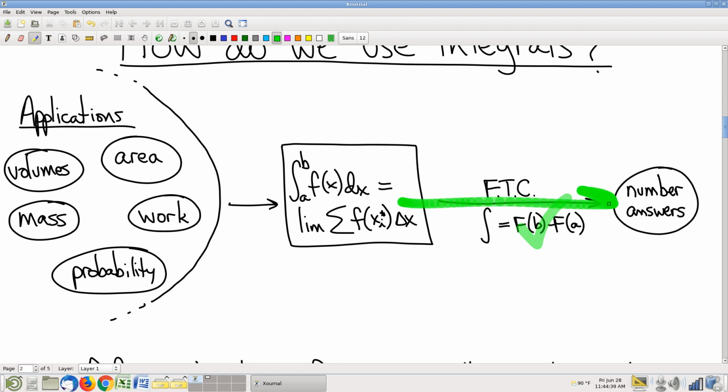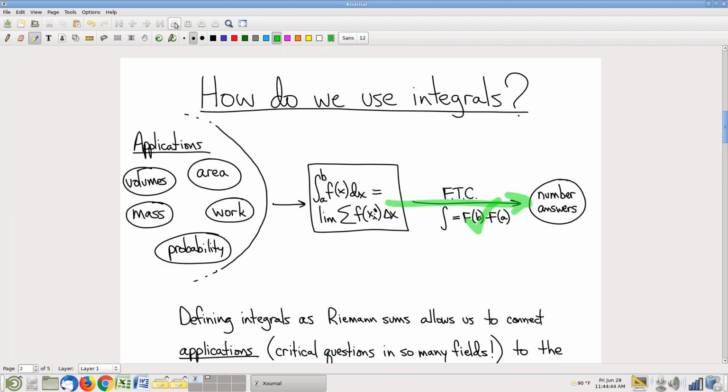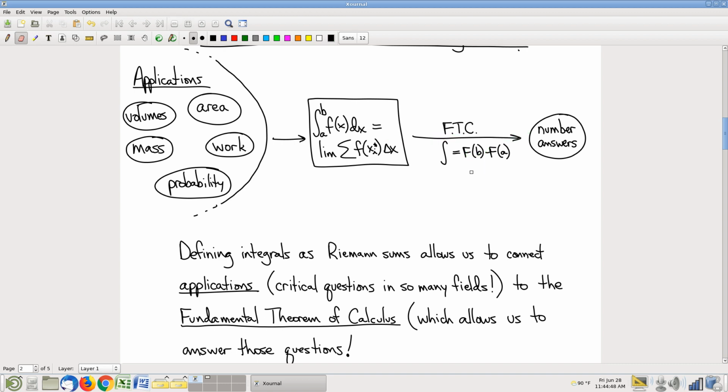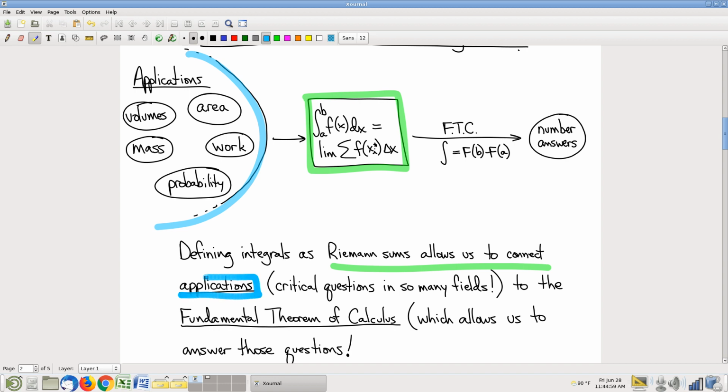So what we see here is that Riemann sums are the connection between the applications that we're interested in, lots and lots of applications, and the fundamental theorem of calculus, which is going to be the thing that actually allows us to get the final numerical answer.